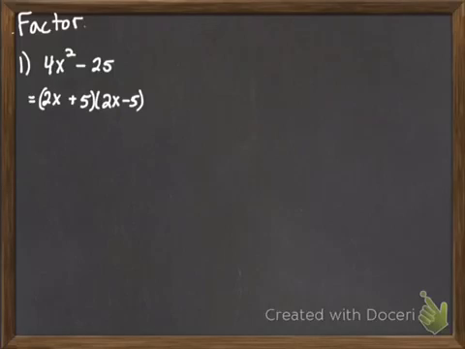Okay, so let's move on to example 2. Now, as we look at example 2, we say, well, neither one of those are squares, a number times itself, or a nice integer anyway. But we also recognize, hey, we can pull a common factor out of each one of those. In fact, 8 goes into both of them.